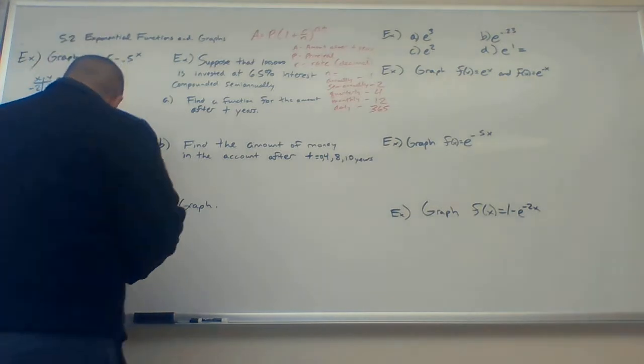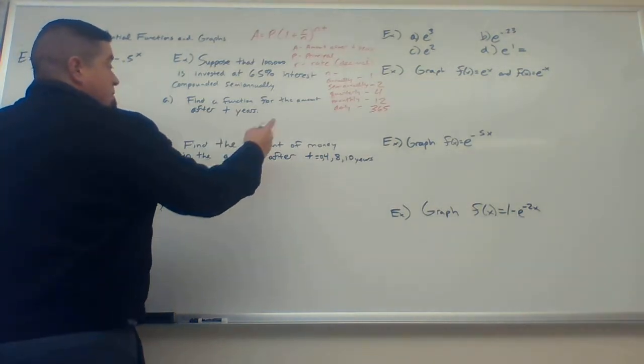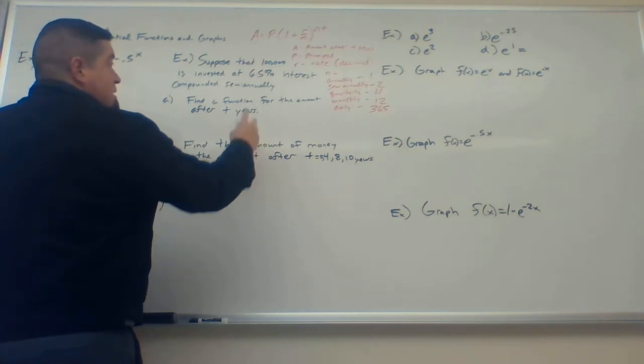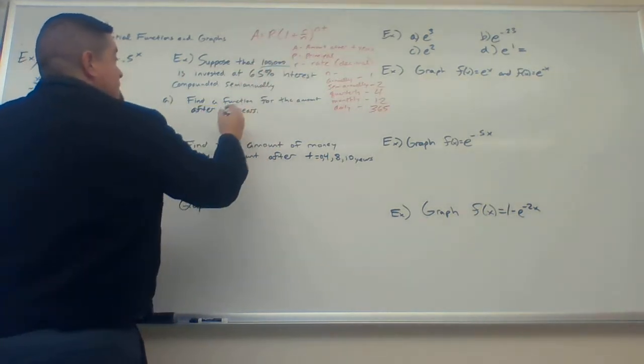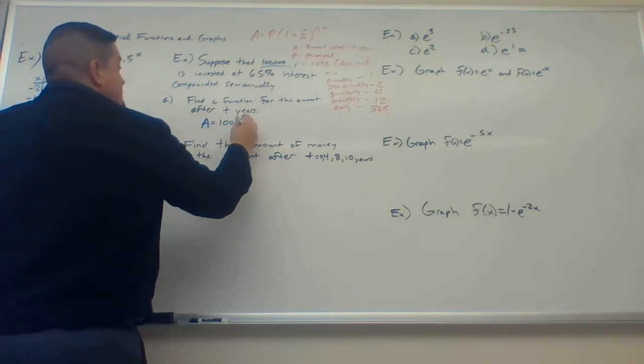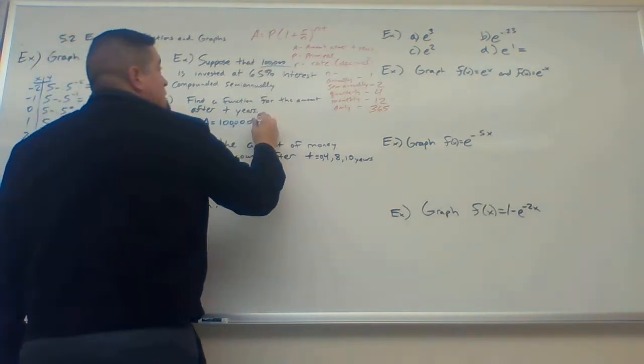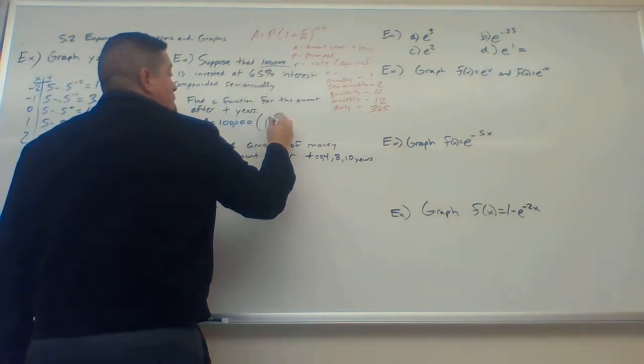Okay, so now to answer this question, it says find a function for the amount after t years. Well, we're going to use the formula. The principal amount in this question is 100,000. So we're going to say A equals 100,000, using P for principal, times 1 plus the rate.